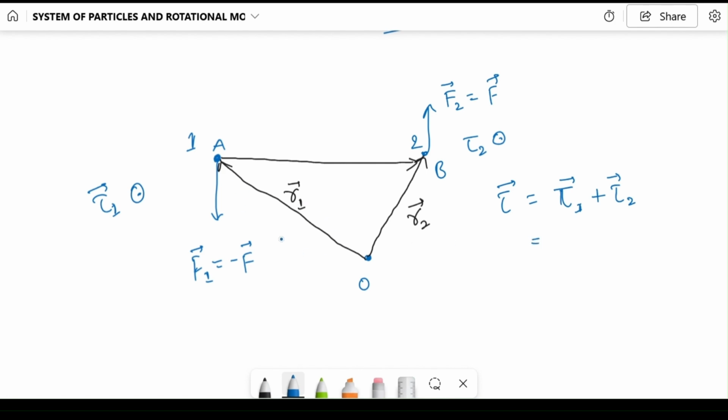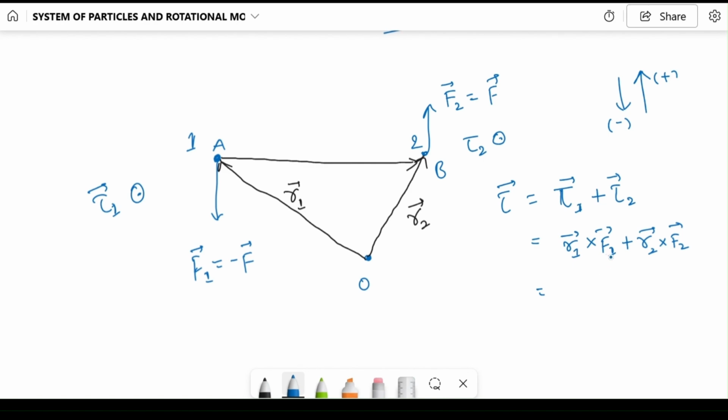This will be R1 cross F1, and tau 2 is R2 cross F2. F1 is acting opposite to F2, and we have chosen this direction to be positive for vectors, so this direction is negative.